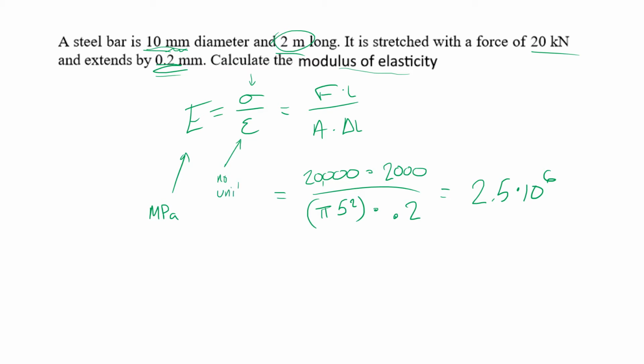Strain has no unit because you're doing inches divided by inches or meters divided by meters, or in this case, millimeters. So whatever unit stress has, you're dividing by nothing that will change it. So that means its unit will take over for what the modulus of elasticity's unit will be.